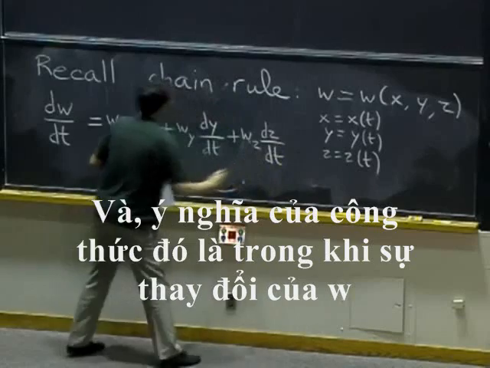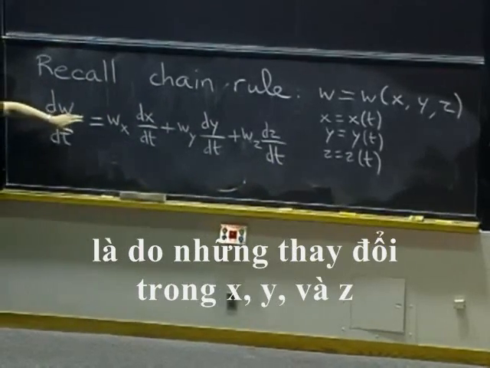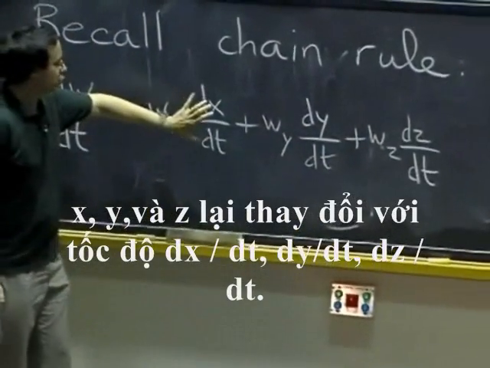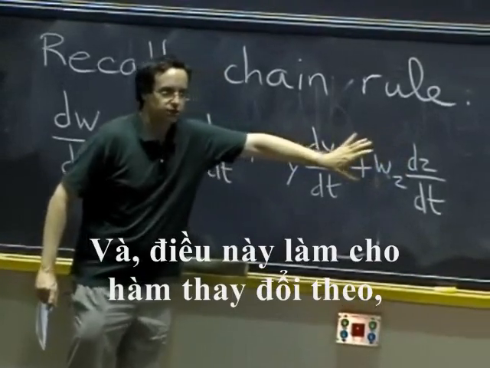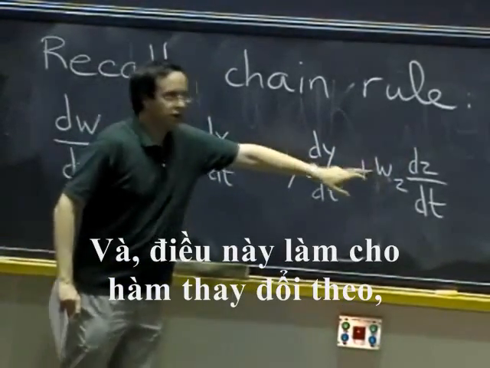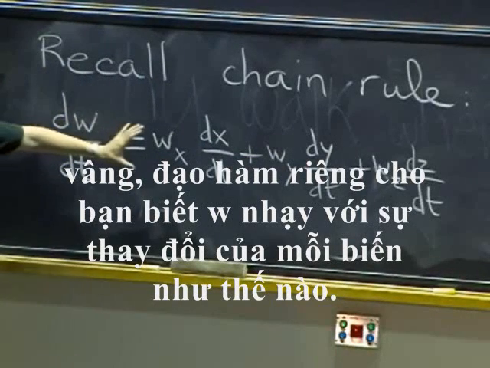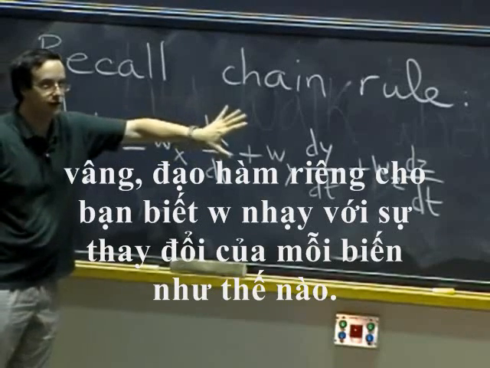The meaning of that formula is that the change in w is caused by changes in x, y, and z. x, y, and z change at rates dx/dt, dy/dt, dz/dt, and this causes the function to change accordingly, in terms of the partial derivatives, which tell you how sensitive w is to changes in each variable.